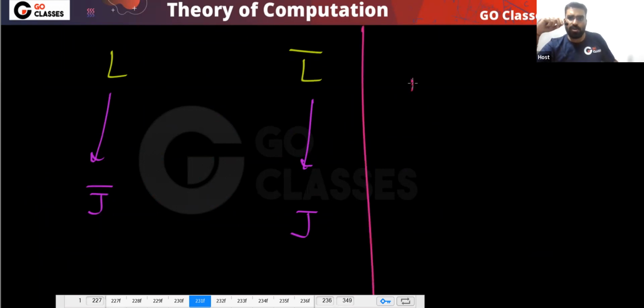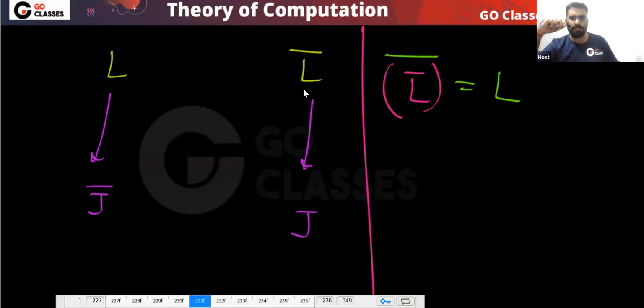If you call L complement J, then it will become J complement. You also know L complement whole complement will be L. So for any recursive language, the complement will be recursive.